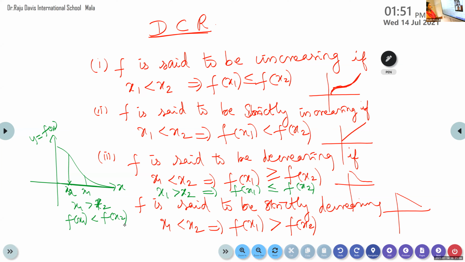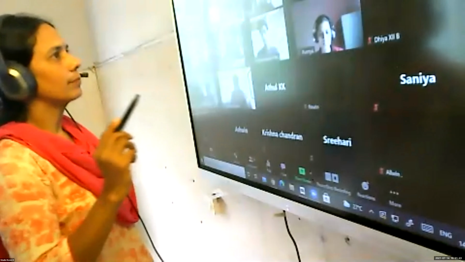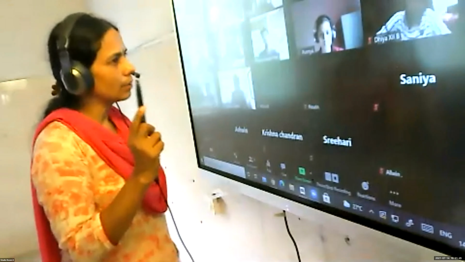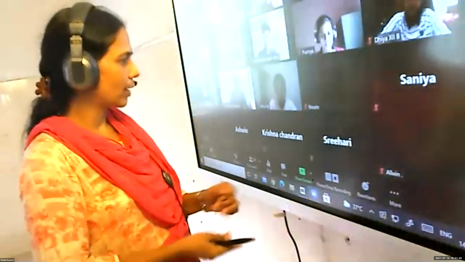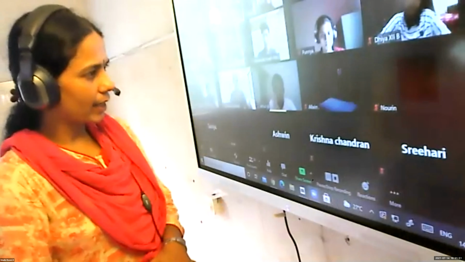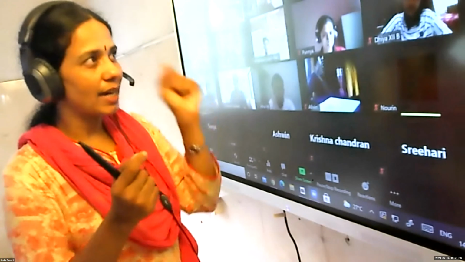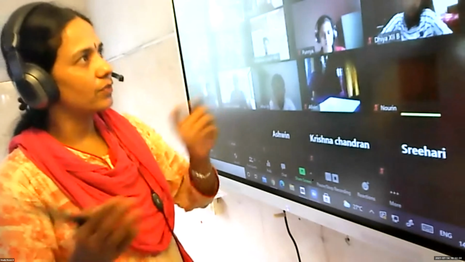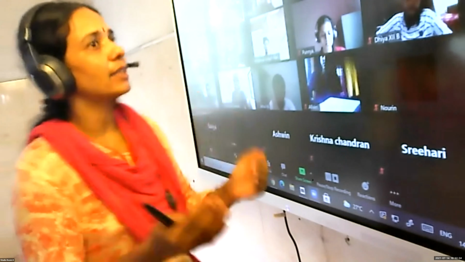Is it okay, children? Punya? Atul, is it clear? Naureen, any doubt? Sri Hari, okay. So when you learn the definition, understand it and learn it. If they change the sign of inequality also, you must apply it correctly.